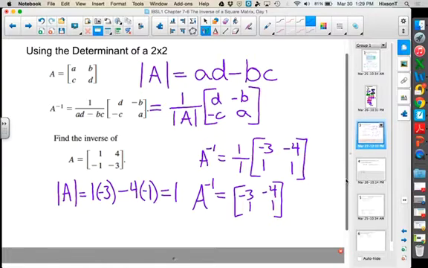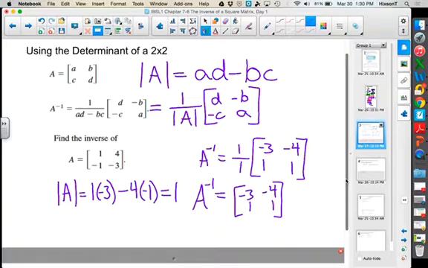All right. It is possible to have a matrix with no inverse, and that happens if the determinant equals 0, because you'd be trying to divide by 0 here. That's why this method is really, really nice.